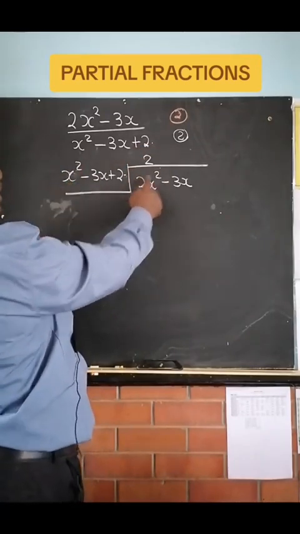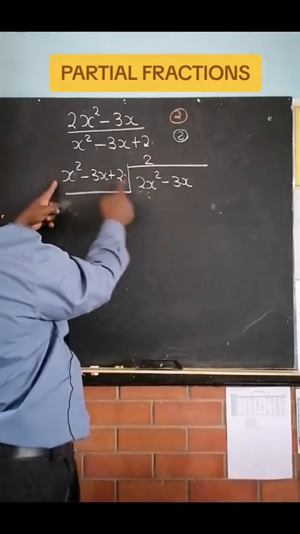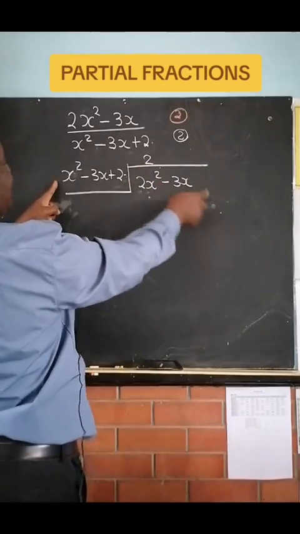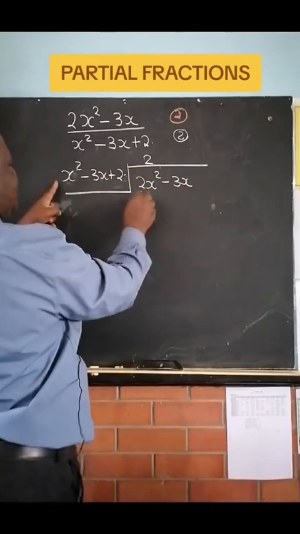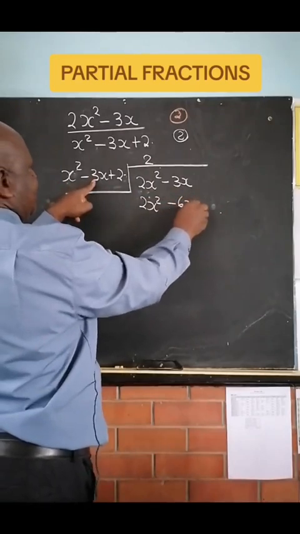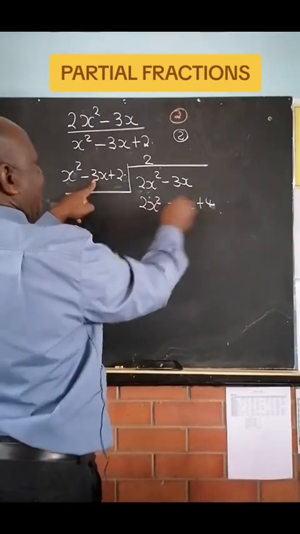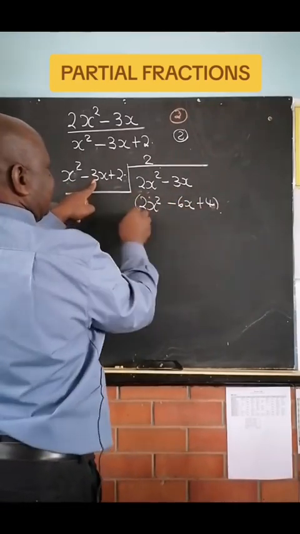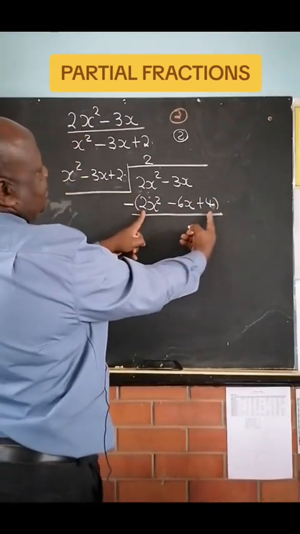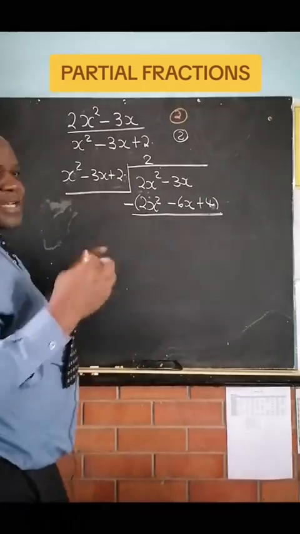Then we multiply this 2 by the whole of this expression to create 3 terms here. 2 by that is 2x squared minus 6x plus 4. We then put this in brackets and subtract the entire expression from the one above, term by term.